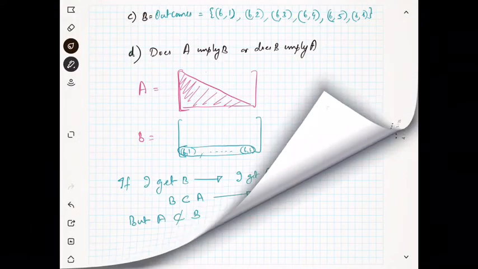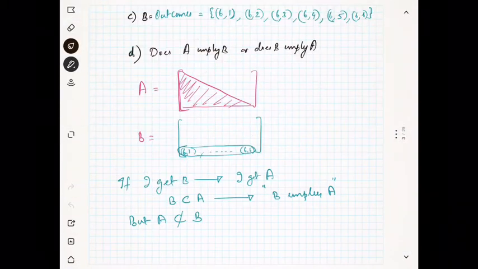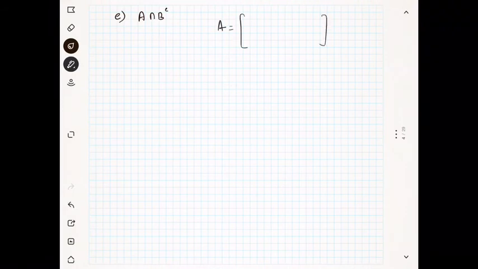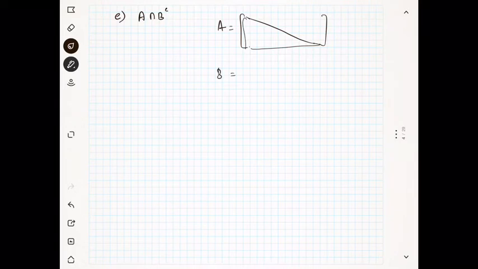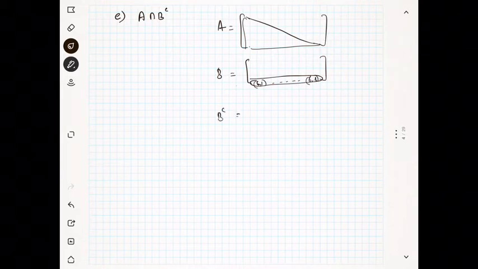Next we will see A intersection B complement. That is part E of the question. You know what A is. Our A is something like the matrix here. And what is my B? My B is something like here, that means 6 1 up to 6 6. So B complement is nothing but everything except this row. That means I will not take the last row.